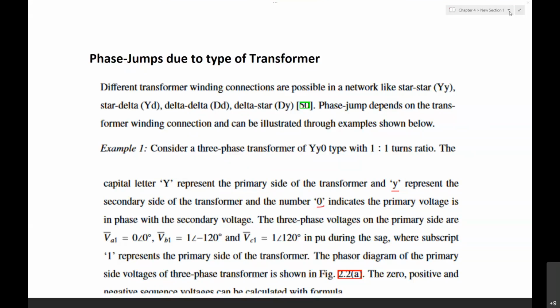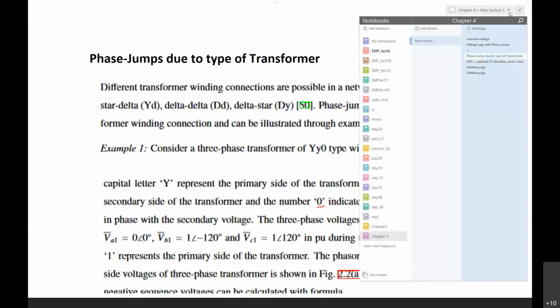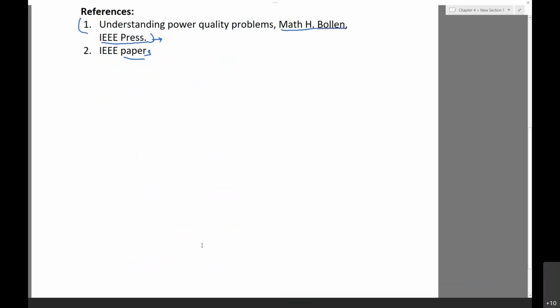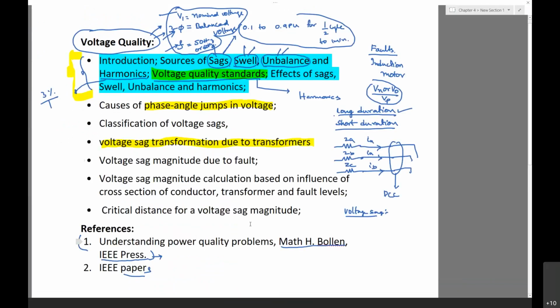In the last class, we were discussing the power definitions and some of the power system quantities, when dealing with harmonics in voltage and current. Now I'm going to start a new unit, voltage quality.